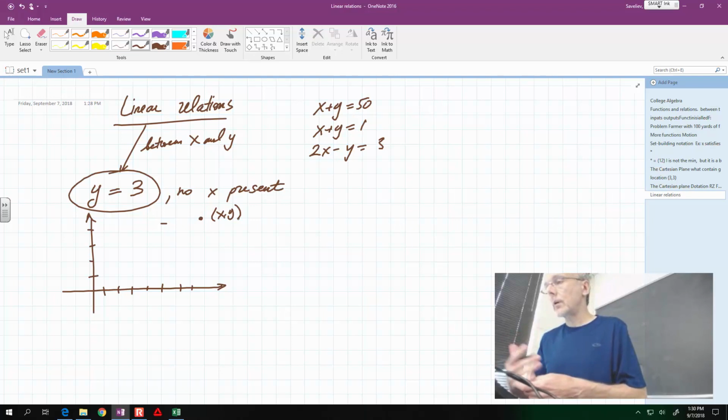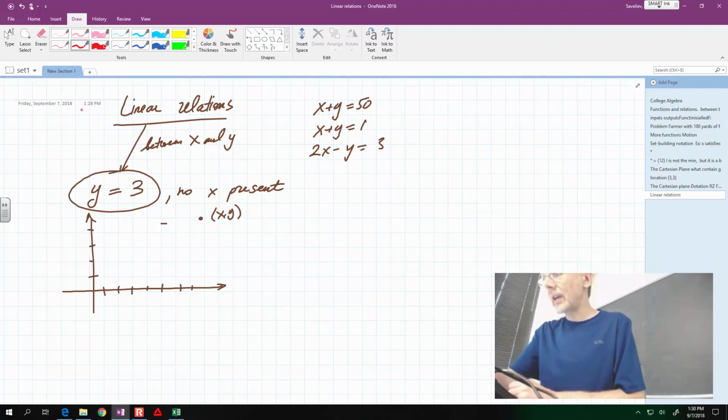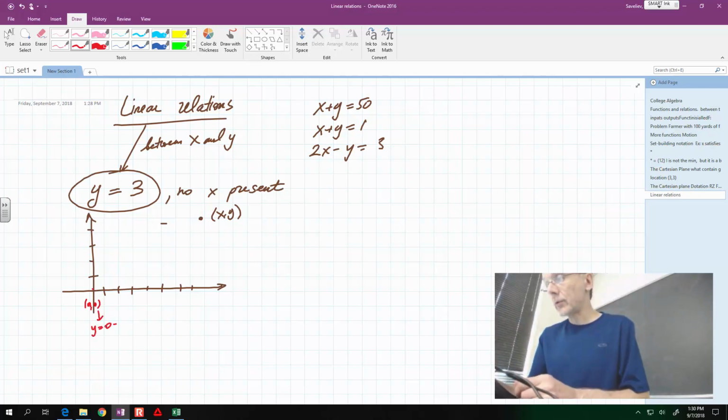Let me start on the x-axis. Start with 0, 0. Does it satisfy the restriction? 0, 0 means y is equal to 0. So no. y is equal to 0, not equal to 3, no. I move on to the next one.